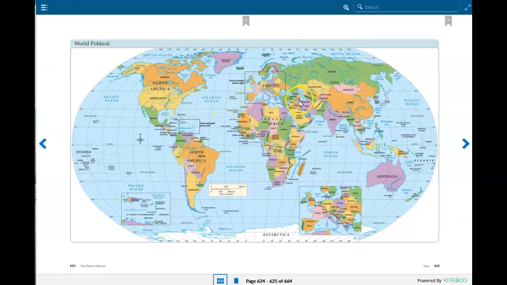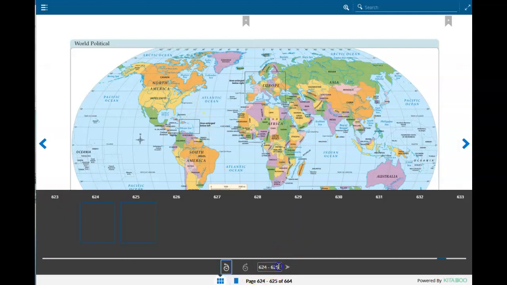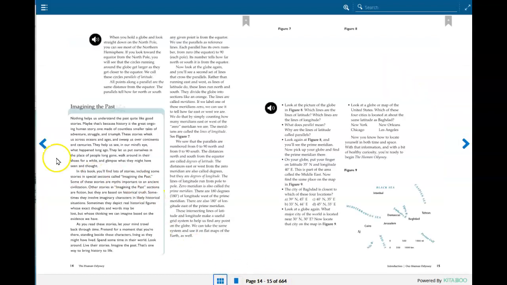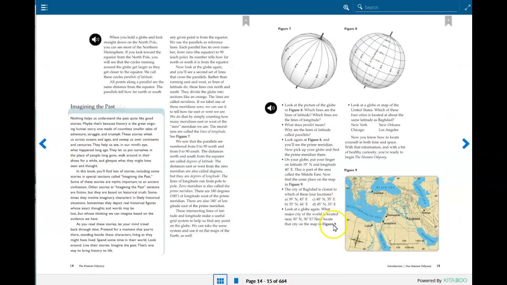Okay, so where are we? 33. So right in here. So let's go back to that page. Okay. So New York, New Orleans, Chicago, or Los Angeles. See if you can figure that out.